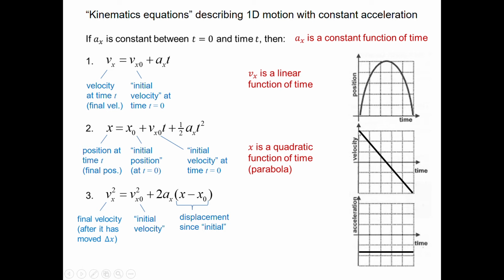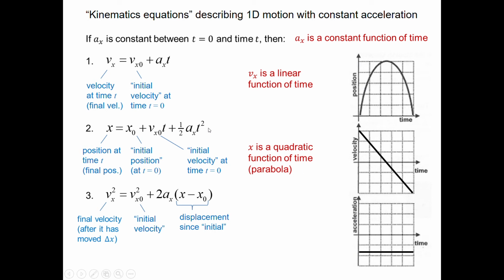And again, the slope of the tangent line of this graph equals the height of this graph. Slope of the tangent line is constant and negative all the way down the graph. That means the height of the acceleration versus time is constant and negative. That's what we're seeing there. That's another example. Now, I said up here that x is a quadratic function of time.